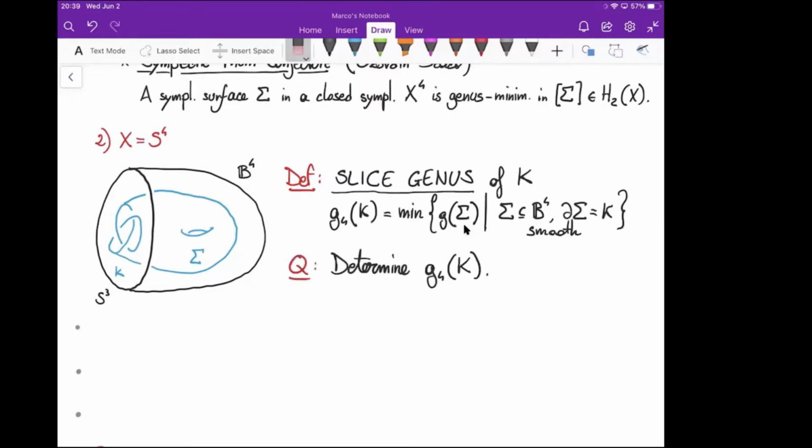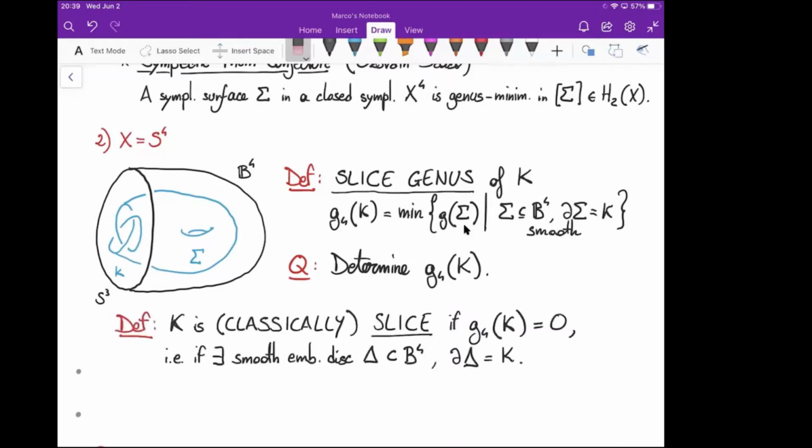And the question that I mentioned earlier just reduces to determining the four-dimensional slice genus, sorry, the slice genus of the knot K. A special case is when the knot admits a smoothly embedded disk delta in the four-ball with boundary that particular knot.